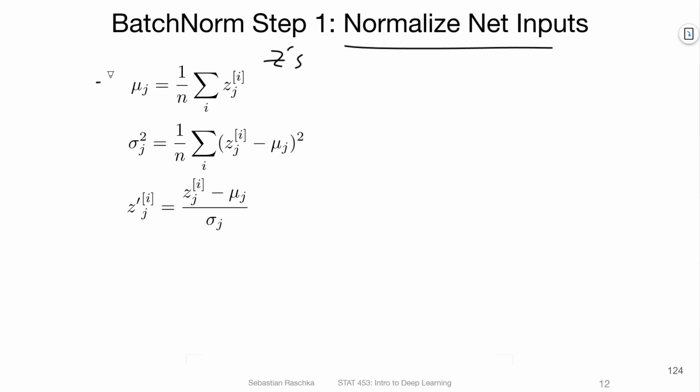To do that, you first evaluate the mean and the variance. And using these two values, we calculate z prime like this. This is normalization, the first step.